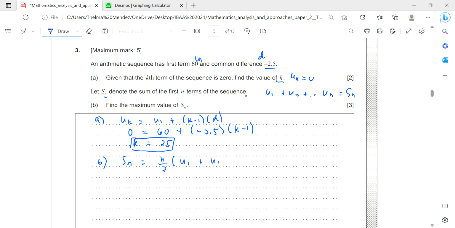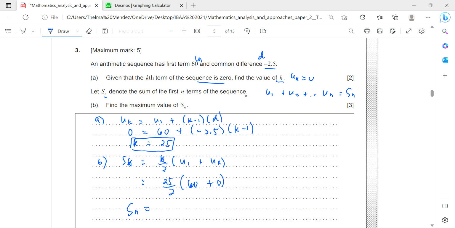We already know the last term. It's given in the problem. So S sub n, we can replace n by k, and we have 25 over 2 times 60 plus 0.